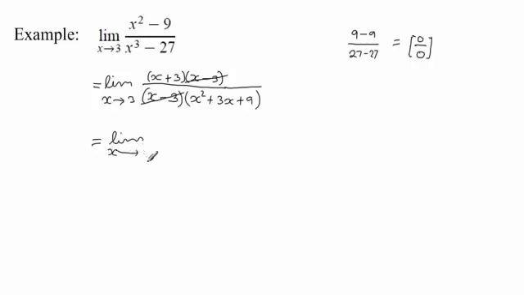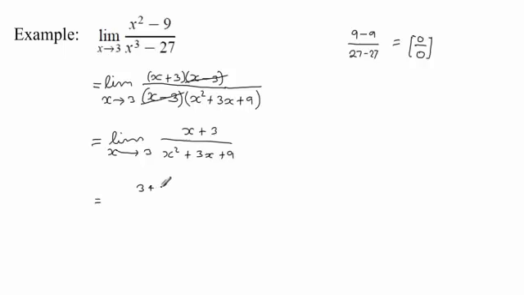Then we write the limit as x tends to 3 of x plus 3 over x squared plus 3x plus 9. Now, when we look at this rational expression, we can see that both the numerator and the denominator are different from 0. Then at this stage, we are ready to plug in this value where we are calculating a limit.